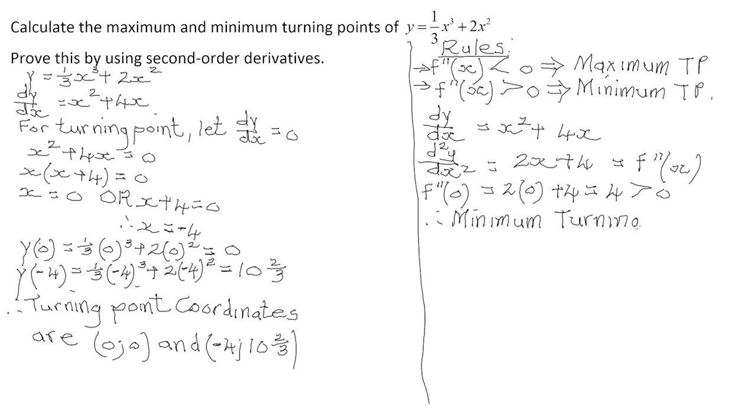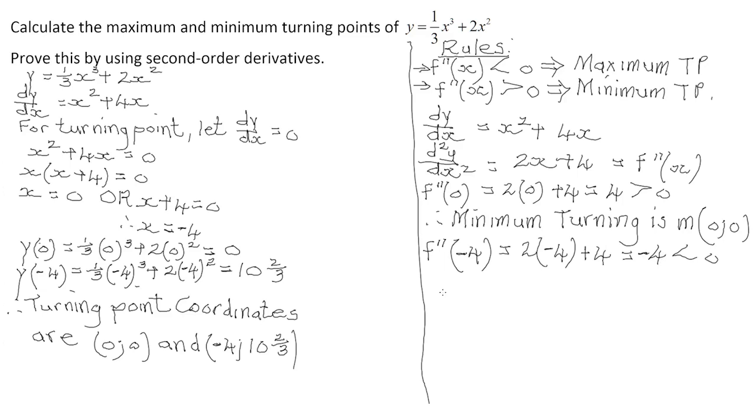The minimum turning point, we use the small letter m for minimum, and it's going to be these coordinates, (0; 0). Now, what will be your second derivative when x is negative 4? That's going to be equal to 2(-4) plus 4. Your answer here is negative 8 plus 4, which is negative 4. And negative 4 is smaller than 0.